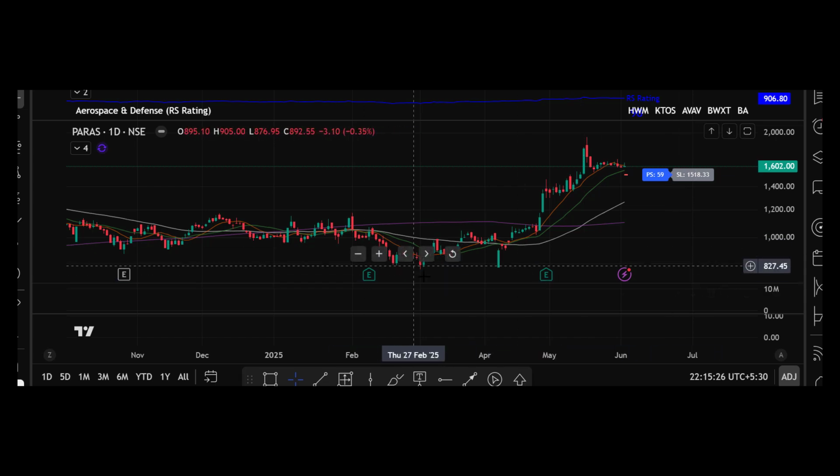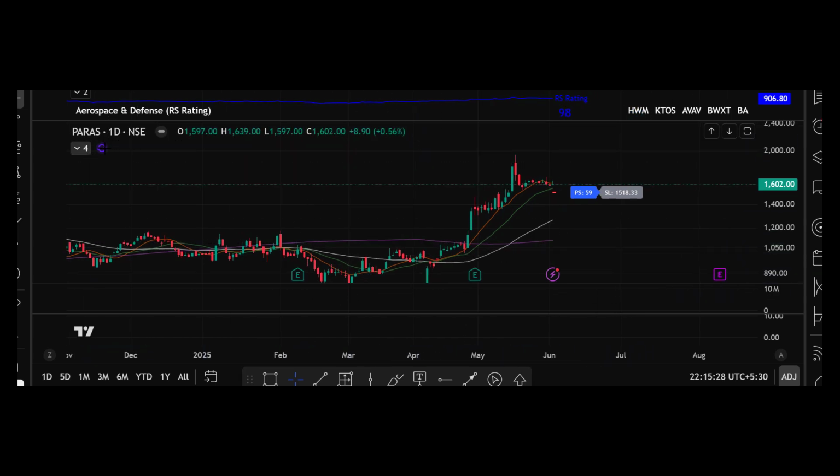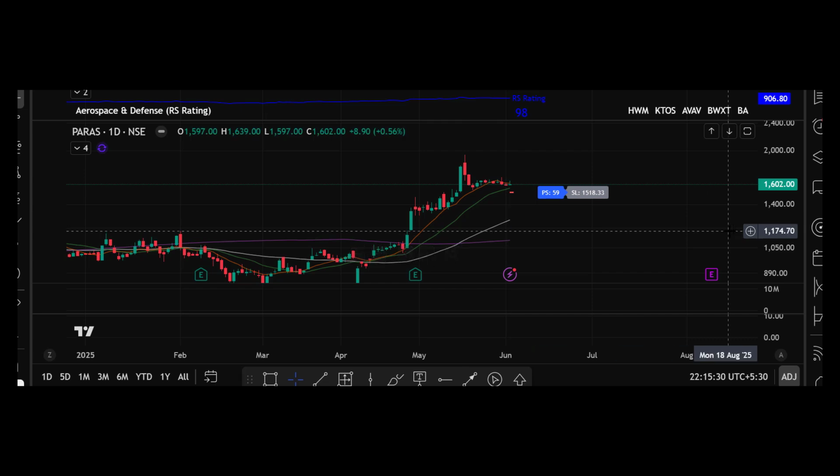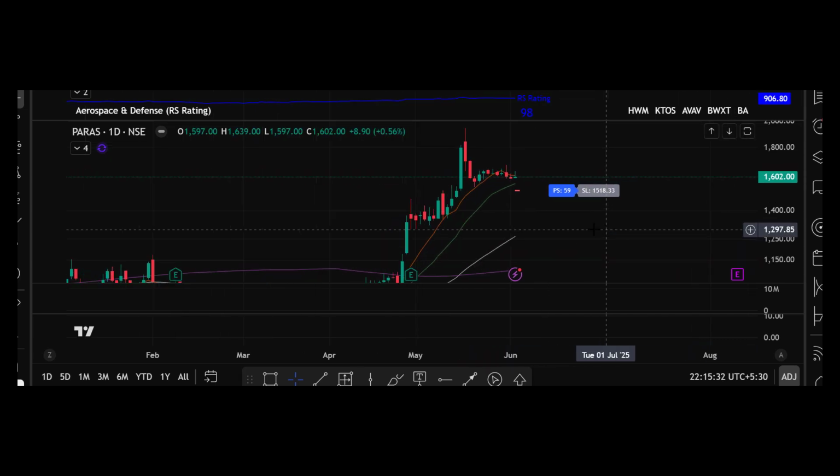So here is TradingView. I have opened the stock of Paras Defense, and now you can see that the quantity as well as the stop loss price is automatically calculated for you. You just have to add the indicator, and then you will already have the amount, the stop loss price as well as the quantity calculated.